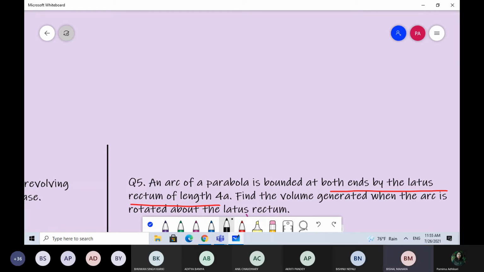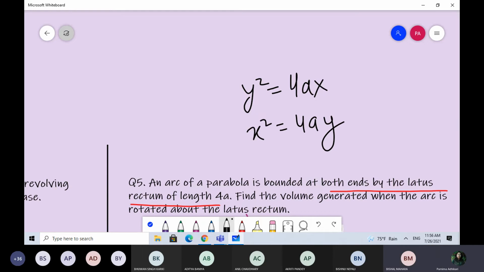It's simple: y square equals 4ax. Yes, exactly. 4ax or the other one. We have two choices, but I'm going to prefer this right now. Why?